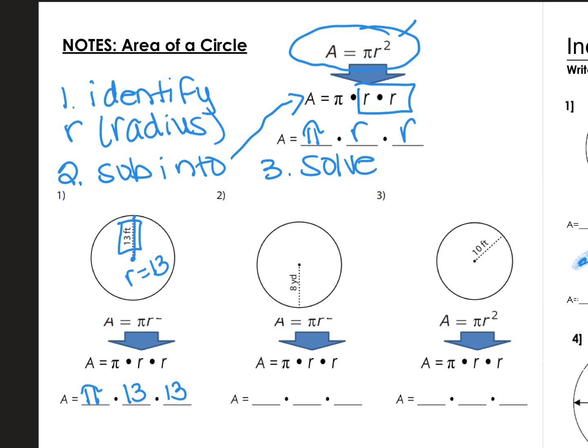I'm going to round to the nearest hundredth, which is 2 places after the decimal. So I hit my pi key on Desmos, 13 times 13, and I am getting an area of 530.93.